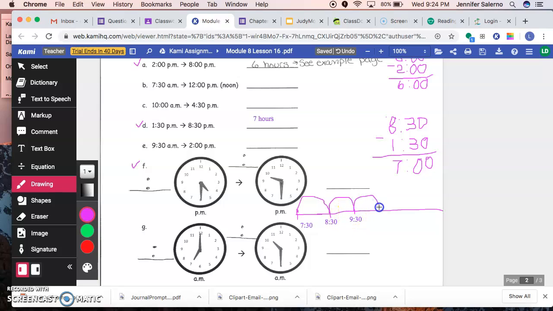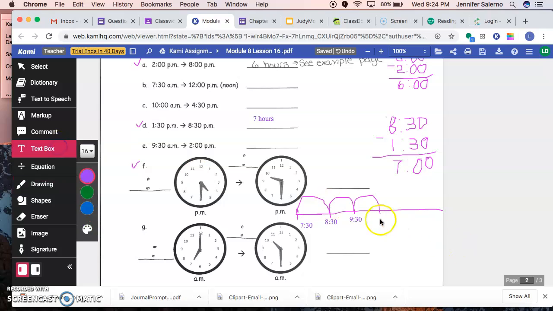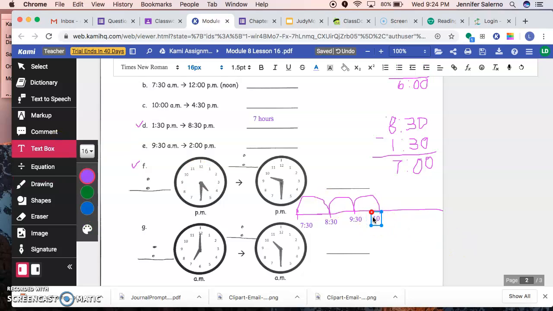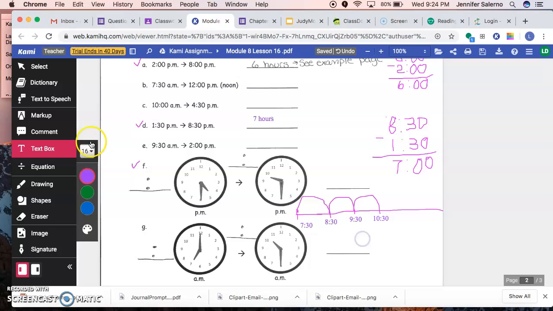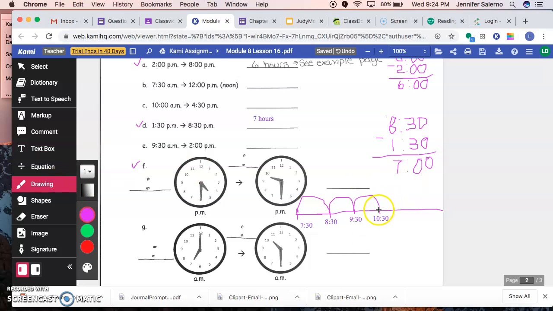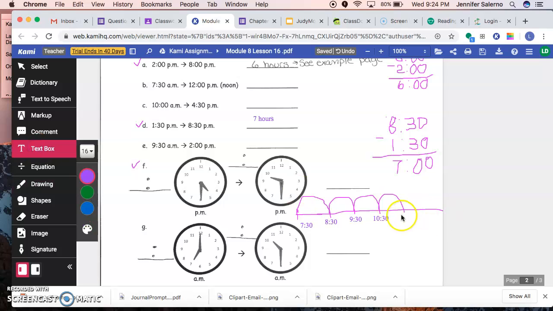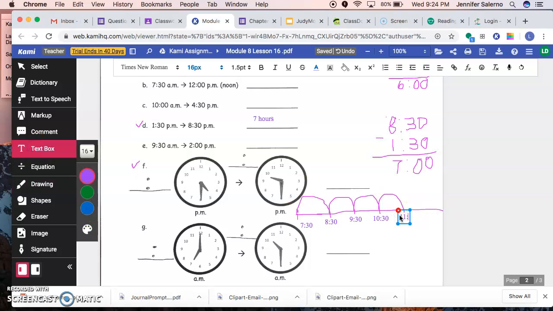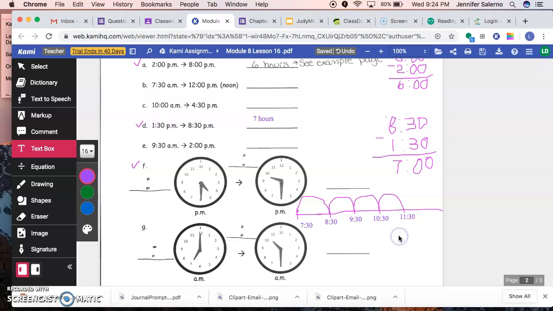Now I'm going to add another loop, and this is going to bring me to 10:30. I'm going to add another loop, and this is going to bring me to 11:30.